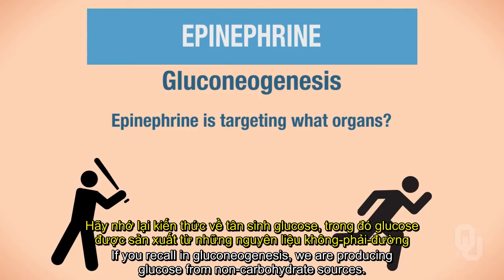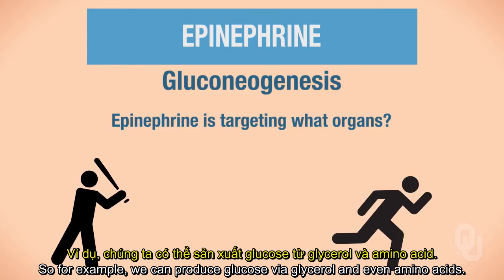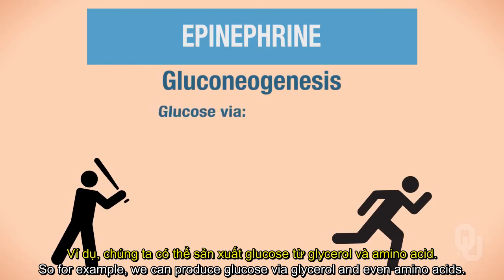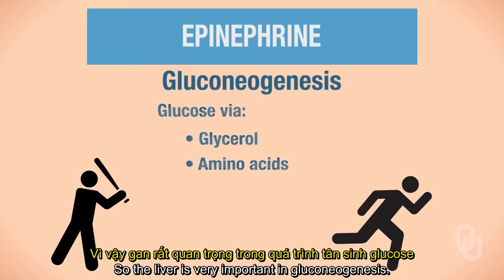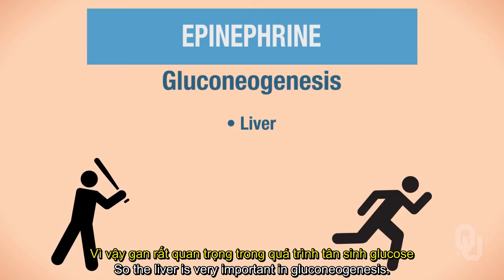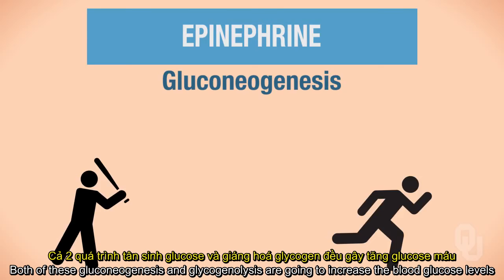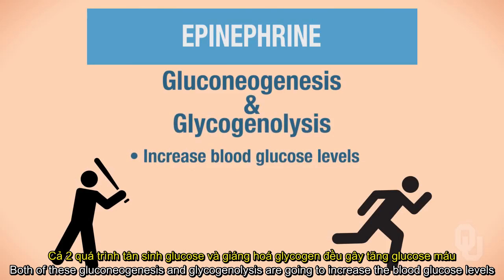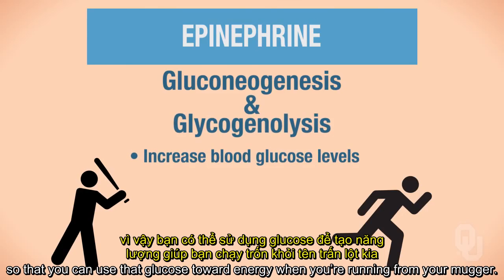If you recall, in gluconeogenesis, we are producing glucose from non-carbohydrate sources. So for example, we can produce glucose via glycerol and even amino acids. So the liver is very important in gluconeogenesis. Both of these, gluconeogenesis and glycogenolysis, are going to increase the blood glucose levels so that you can use that glucose toward energy when you're running from your mugger.